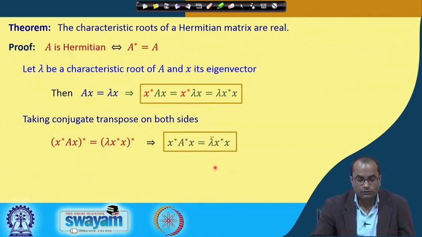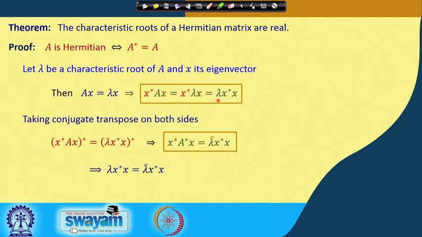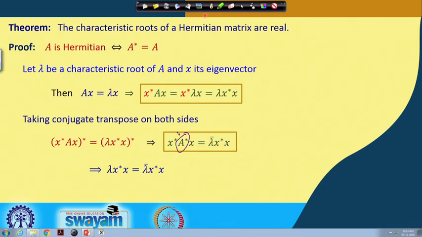With these two equations we can conclude that the right hand sides should be equal. That means lambda x star x is equal to lambda bar x star x. The reason is that A star and A are the same, so naturally the right hand sides are also the same.